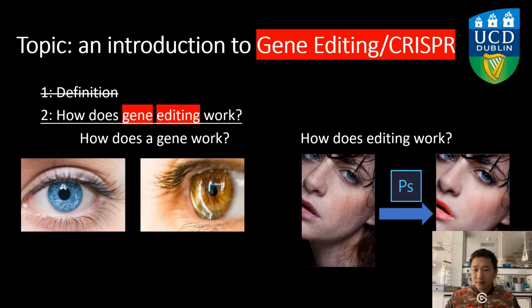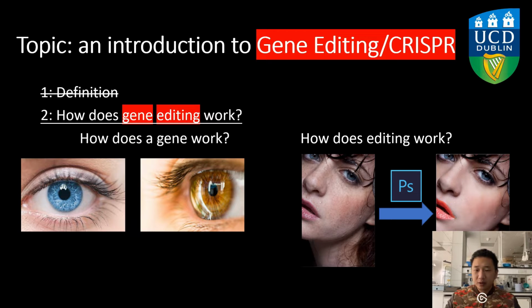And in terms of how editing works, just think of Photoshop and how Photoshop can change a picture. Gene editing is just like Photoshop and it can change a gene. So gene editing means you edit or change a gene and accordingly you change the function of the gene.